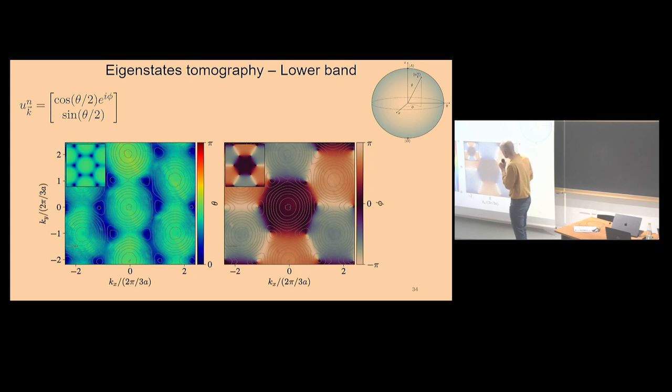What is interesting is that if you look here at the K and K prime points in the Brillouin zone, these special points here, this hexagon, you see that theta, the polar angle, almost goes to 0, which means that we are completely localized on one of the sublattices and not on the other one. And this actually leads to the emergence of vortices in the phi map here, because basically phi is undefined at these points.